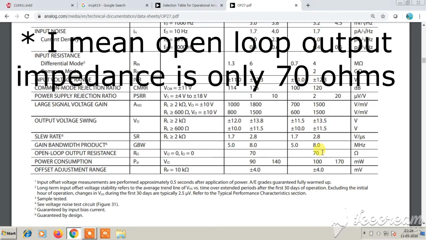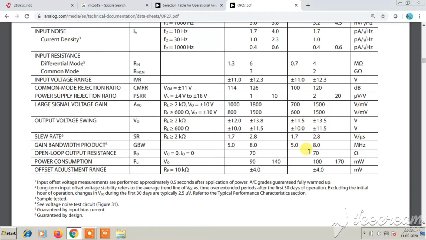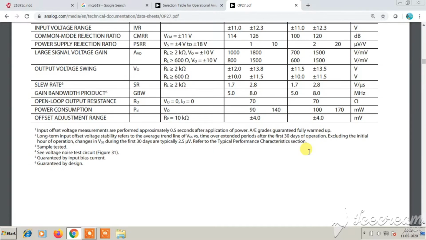Also, $2 to $3 is a reasonable price, and for any high-end application, you may buy this op-amp if you have very high frequency signals, or filtering is being done with cutoffs at large frequencies, or if you want to use it as a filter for removal of high frequency noises.